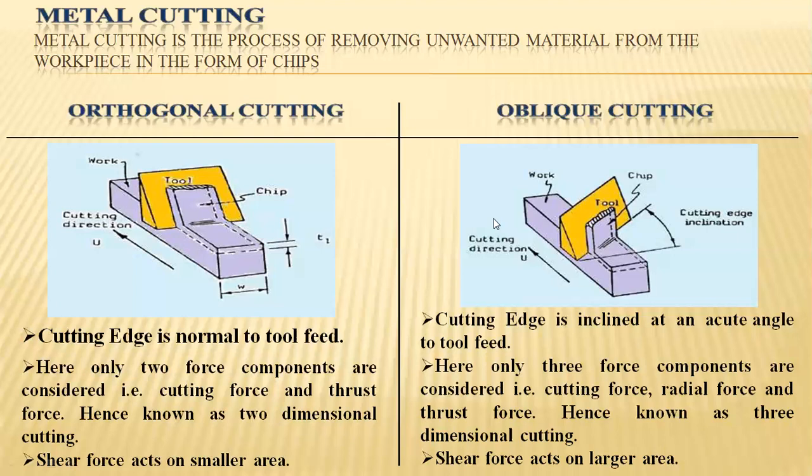Simultaneously, in cutting the tool is maintained with respect to different inclinations. Here there is no inclination in the case of orthogonal cutting. It's maintained exactly at 90 degrees. But refer here, oblique cutting is maintained with respect to the surface with some inclination. That inclination will be between 0 and 90 degrees, but not 0 and not 90.